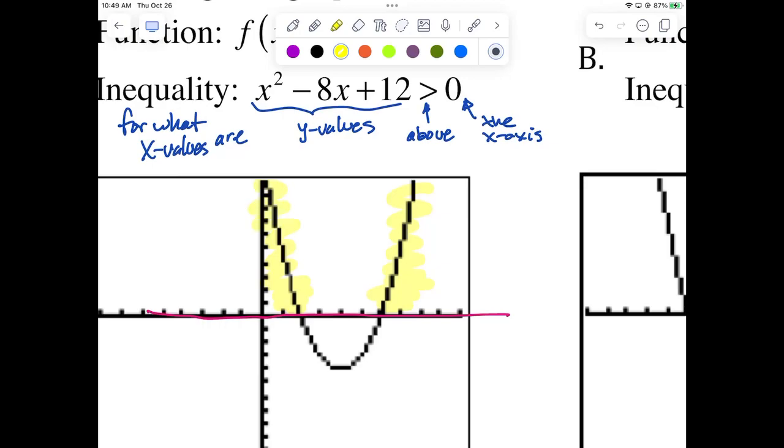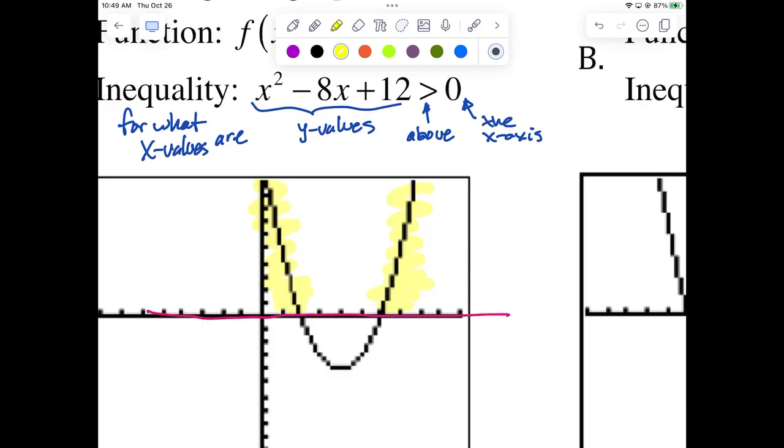The question then is, for what values of x does that happen? Well, it's going to come down to the x-intercepts, the values of x where it crosses the x-axis. The answer is always either outside the x-intercepts or between the x-intercepts.